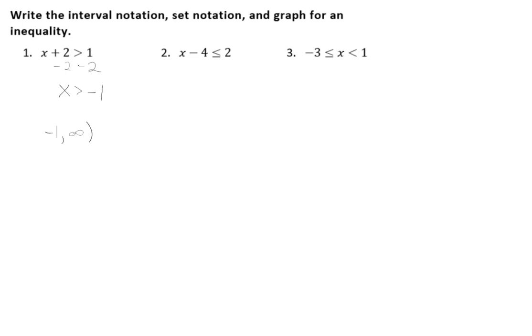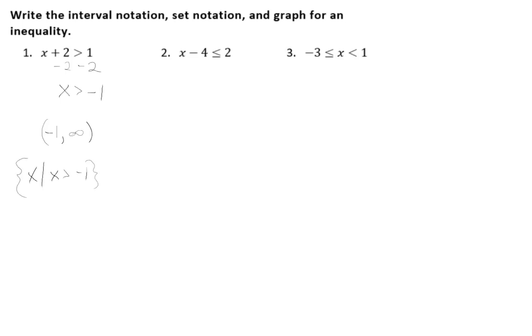This is a parenthesis because infinity is always a parenthesis, and this is a parenthesis because, as you see, it doesn't include -1. For set notation, that would look like x such that x is greater than -1, and then put the curly brackets around it.